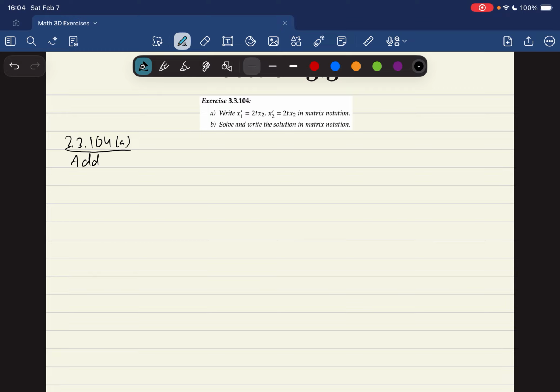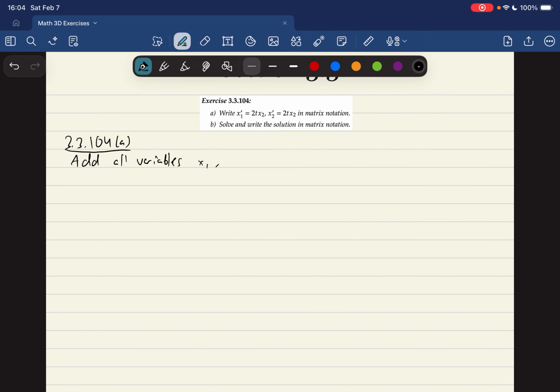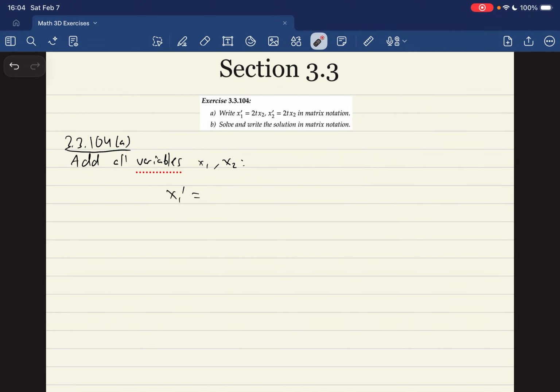So let me explain what I mean by this. Here we have two quantities of interest, x1 and x2. And when I'm writing out my equations to set them up for matrix notation, I'm going to add in all of the missing things in each equation.